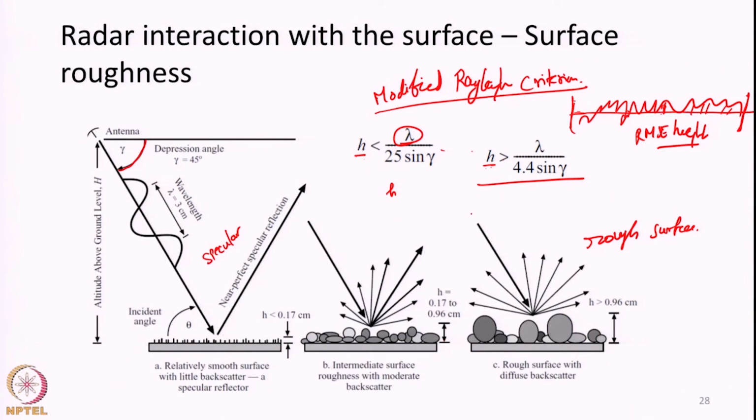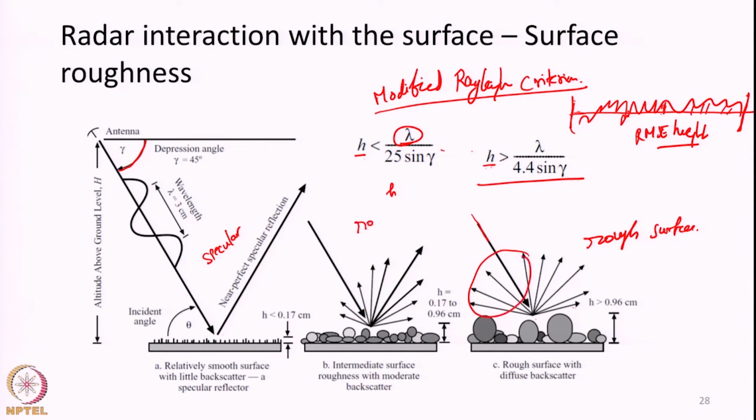A diffuse reflector will scatter the energy in all possible directions. When that happens, a good chunk of energy will be scattered towards the antenna itself, as demonstrated here. This is the direction from which radar energy is coming. Since this is a rough surface, it will scatter a large chunk of energy towards the direction of the antenna itself.